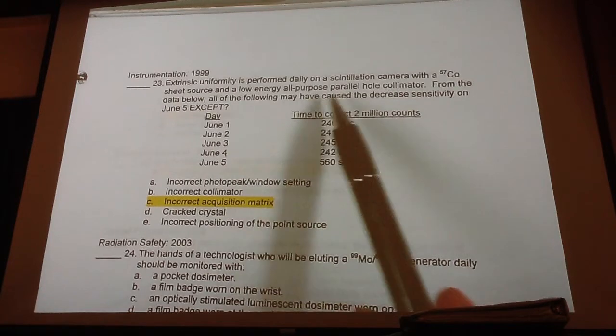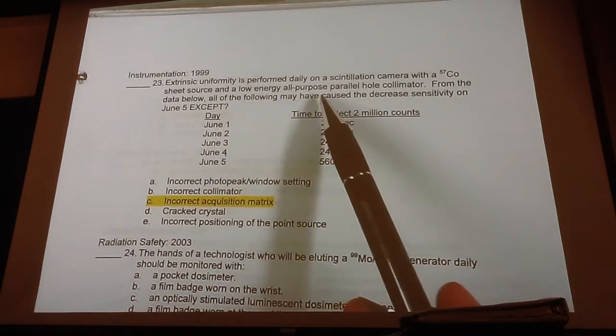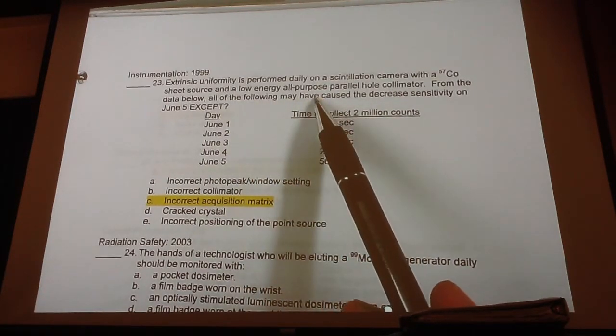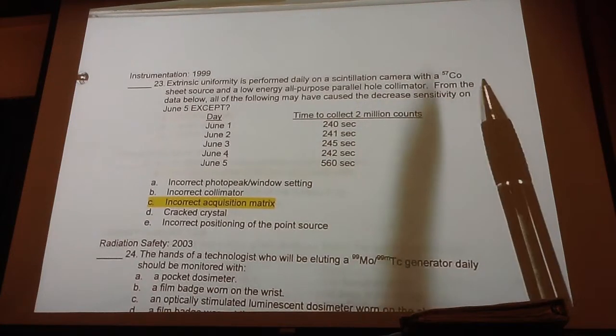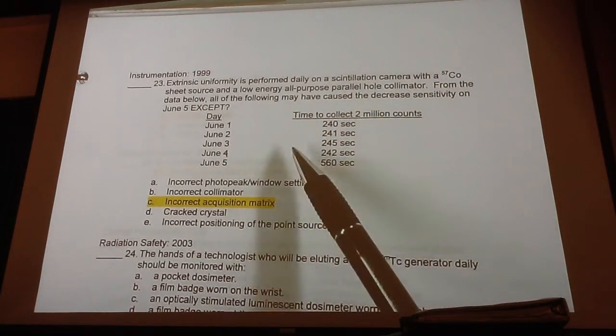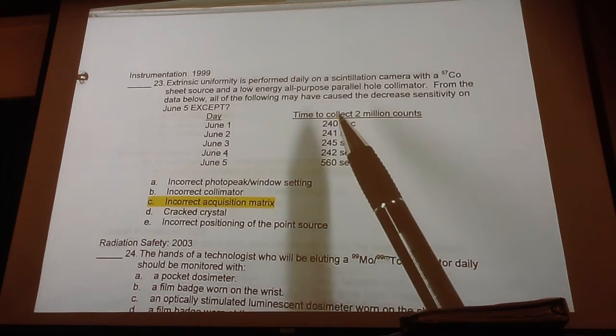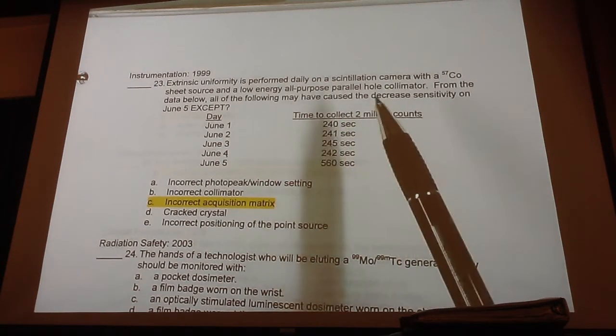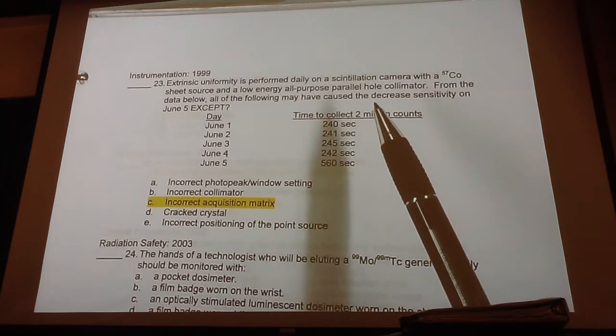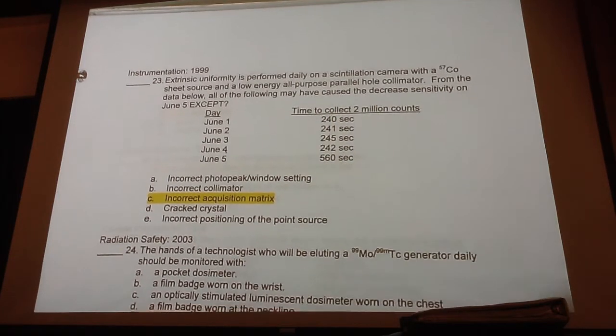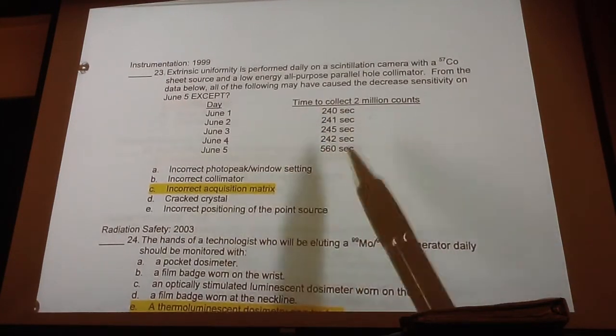But in this case, they're just recording how long it takes to get 2 million or 3 million counts from their source. We normally expect it to increase because cobalt-57 decays. What's the half-life of cobalt-57? 270 days. So every day it's going to take a little bit longer.